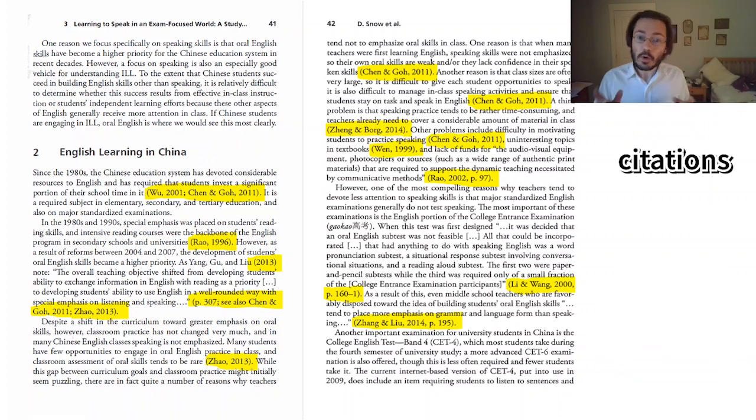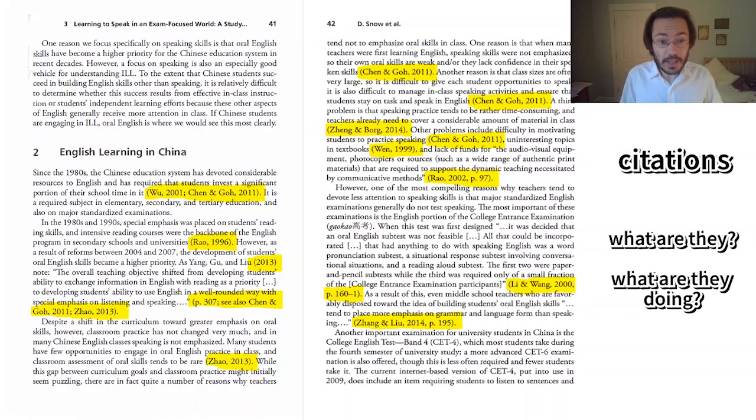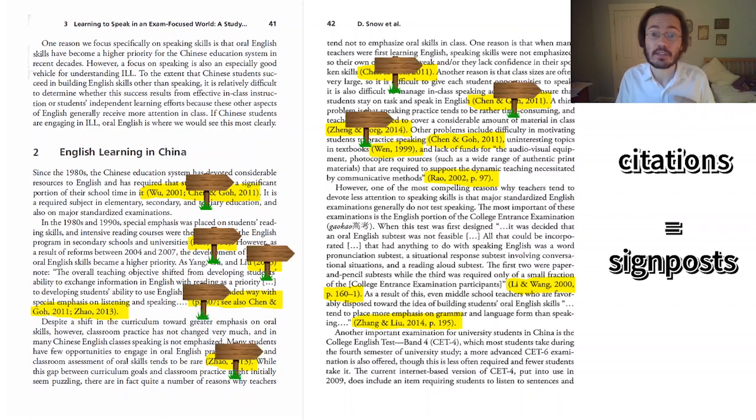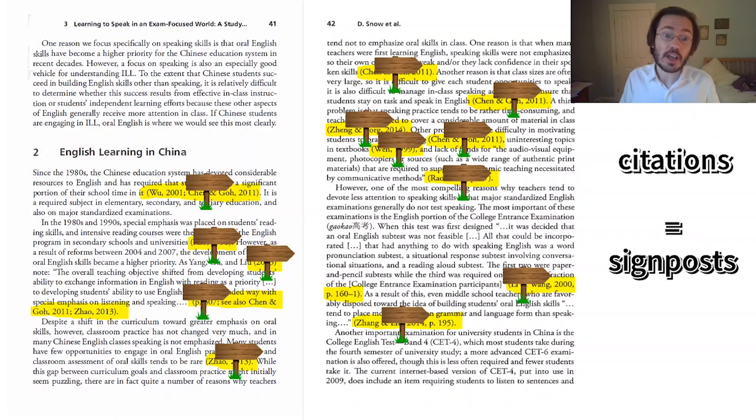Okay, so what are these little things and what are they doing there? Well, this is the way I like to think of it. Each of these citations is like a little signpost, right? Like that, a sign. 1, 2, 3, 4, 5, 6, 7, 8, 9, 10, 11, 12, 13. We have 13 citations, 13 little signposts on these two pages.